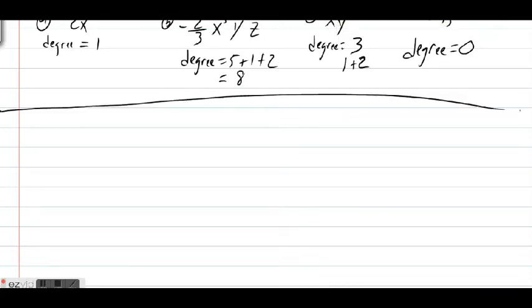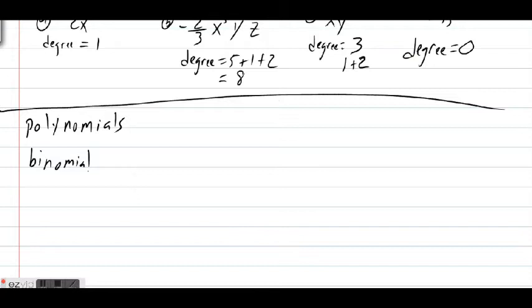Alright, so a few things now we need to talk about. When we're talking about polynomials, and polynomial just means many terms. So a binomial.